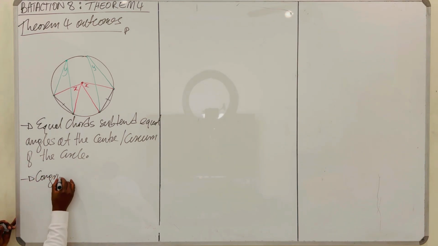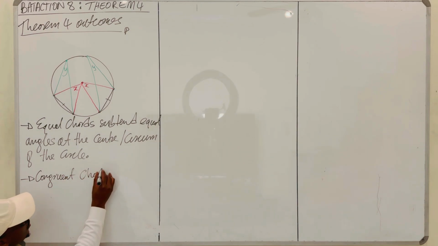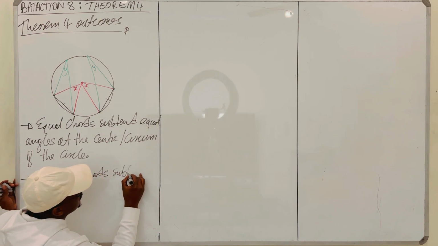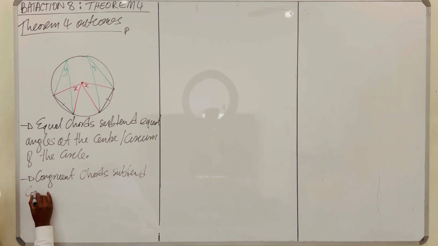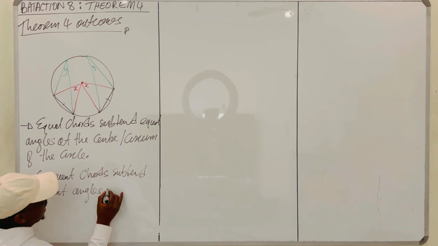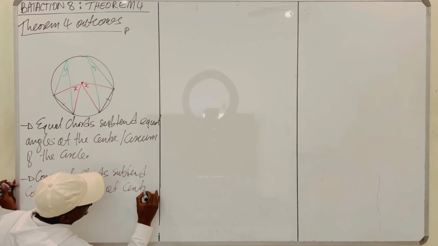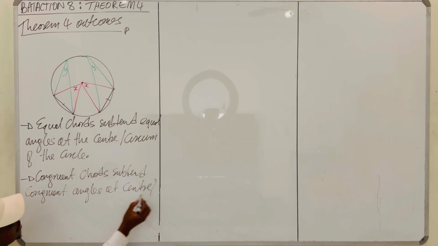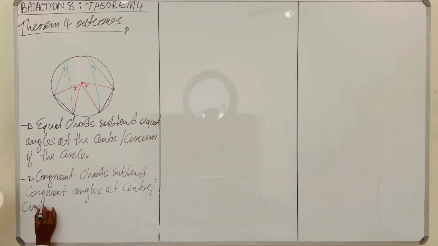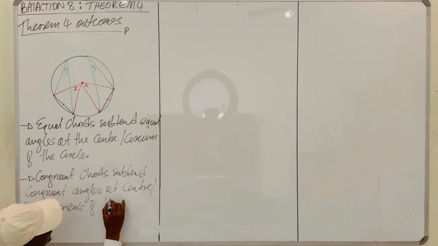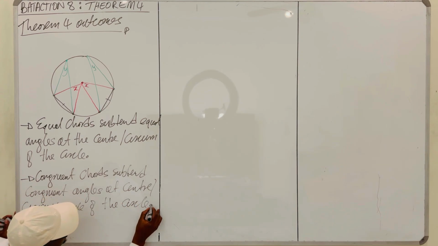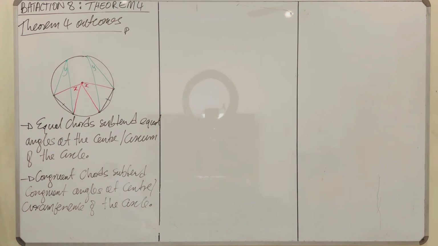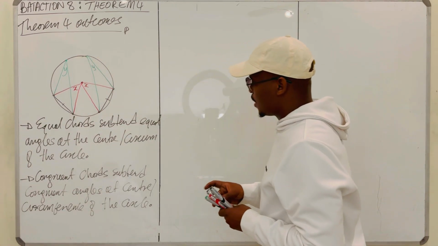Congruent chords, which are these equal chords, subtend congruent angles at the center or circumference of the circle. Are you guys following? Are you following, Z? Now, go to the next one.